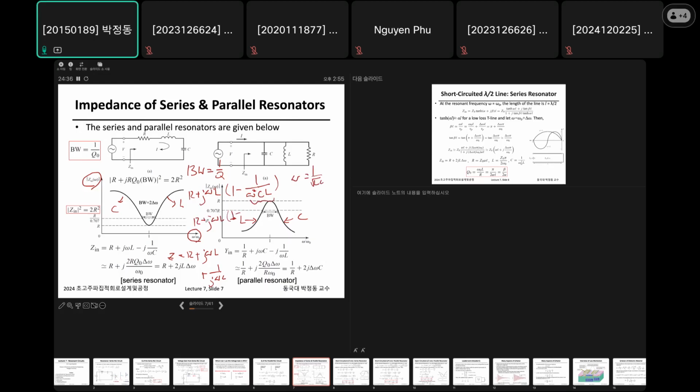So if I express this in terms of deviation, let's say omega into omega 0 plus delta omega, then I can approximate it this way. So R plus j, and you just take out omega 0, which is actually 1 over the square root of LC.